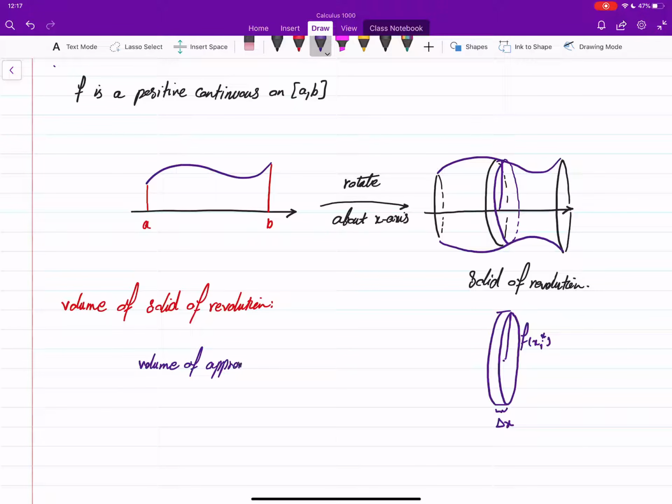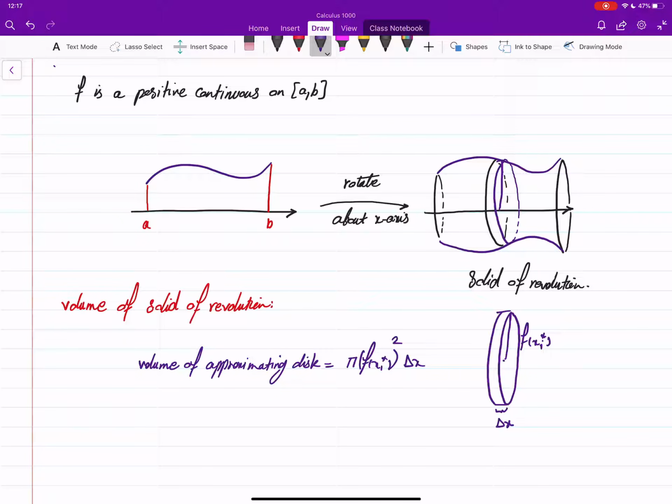Okay, and if you're looking for the volume of the approximating disk, well, that is a cylinder. The base has area pi radius squared times the height, which is delta x. So this is the volume of one disk.